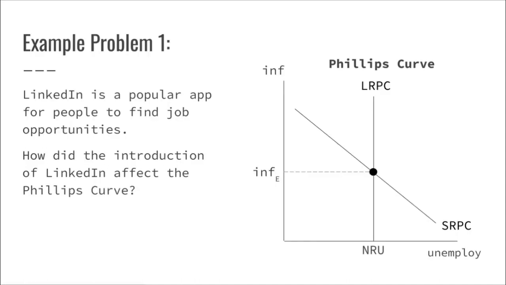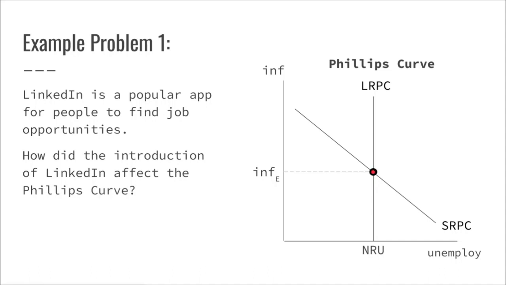The first one is: LinkedIn is a popular app for people to find job opportunities. How did the introduction of LinkedIn affect the Phillips curve? Here on the Phillips curve, we can see that we're at equilibrium now. LinkedIn is helping people find job opportunities. So people who are in frictional unemployment are going to be able to find jobs faster, so there are going to be fewer people in frictional unemployment.